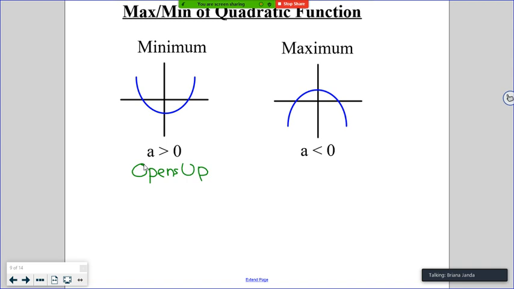And if the a value is negative, or we had earlier said that it opens down, that means that function has a maximum value, and it is whatever your vertex was. That dot that we put for our vertex becomes your maximum value or your minimum value.